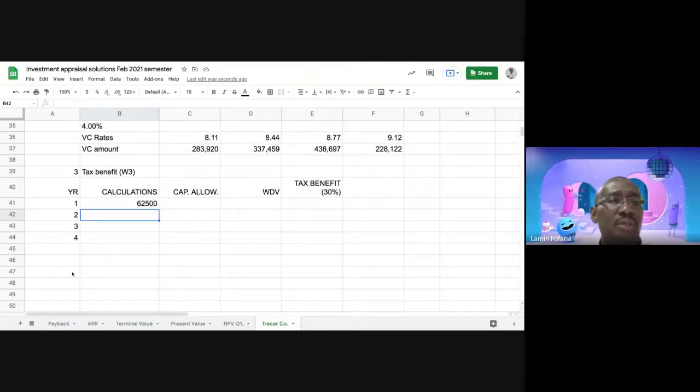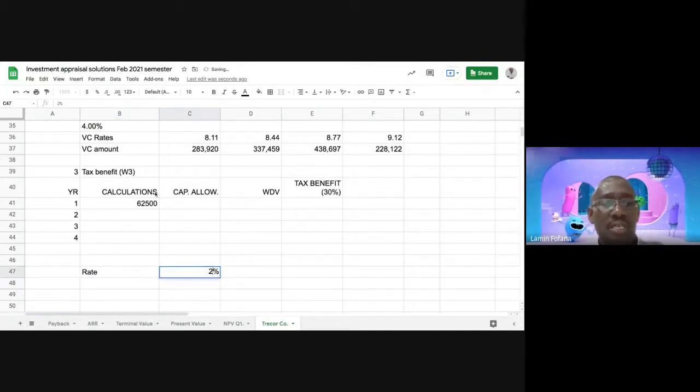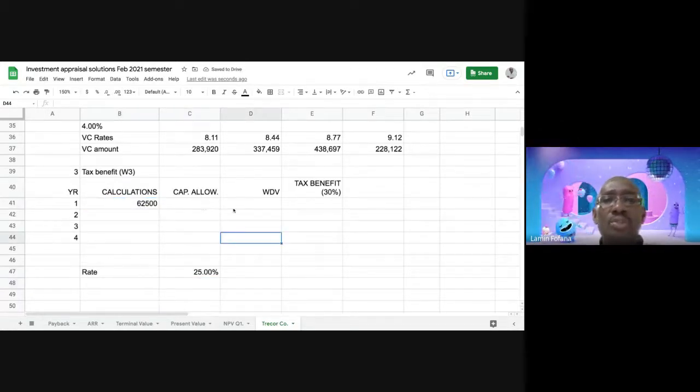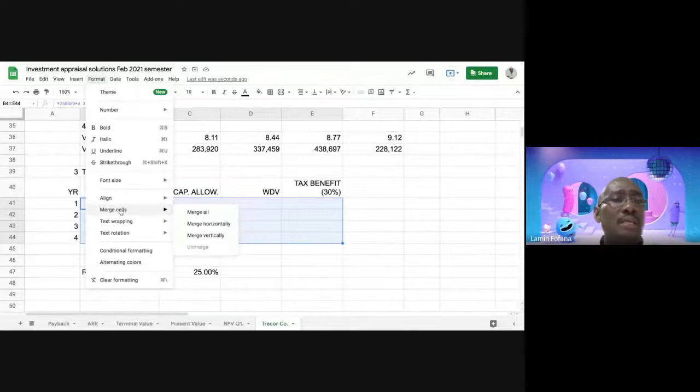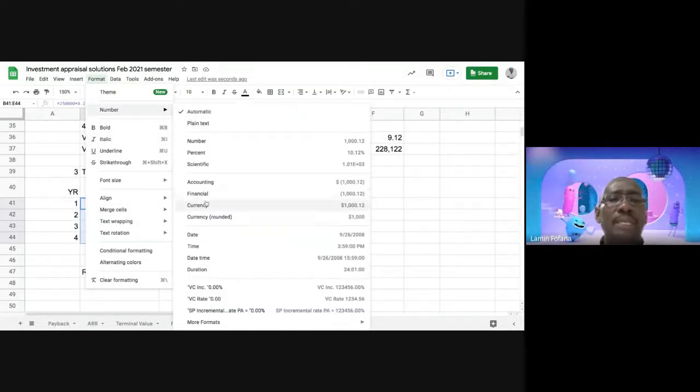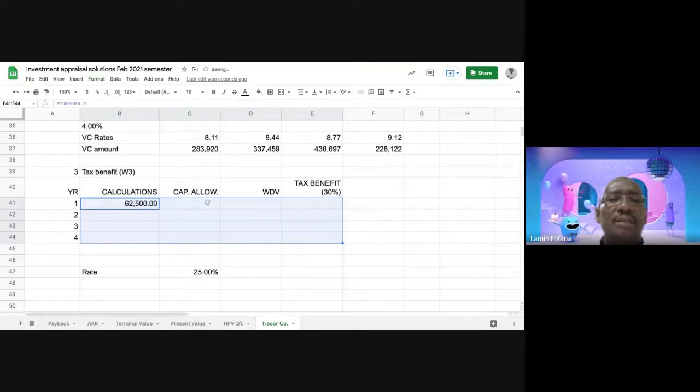I'll put the rate here, and I'll make this a percentage, and it's 25. All these things are going to be numbers. I'll round them up to 1 decimal place. That's financial, round it up.